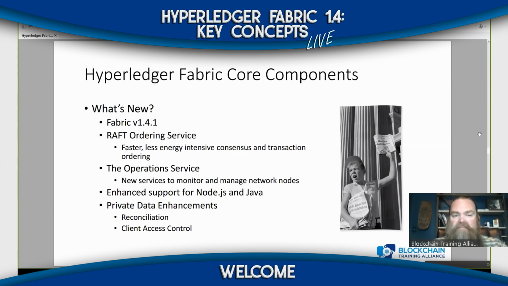Probably the biggest addition in 1.4.1 is the Raft ordering service. So if you've set up and managed an ordering service in Fabric, you know that you have or have had up till now 2 different choices. You could use the solo ordering service for dev environments where you just want a single node providing that ordering service functionality.